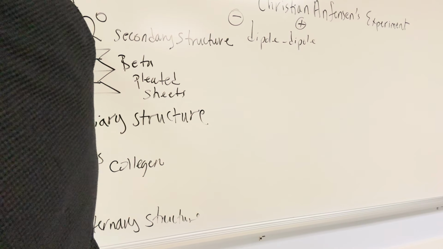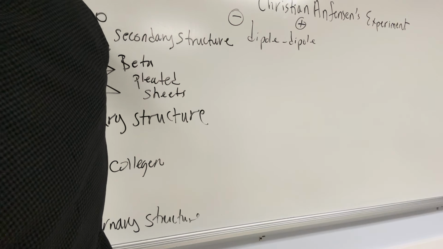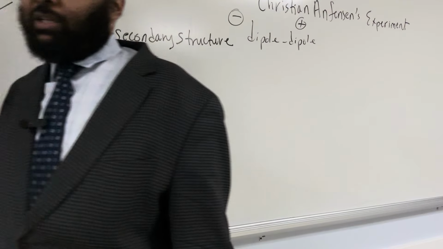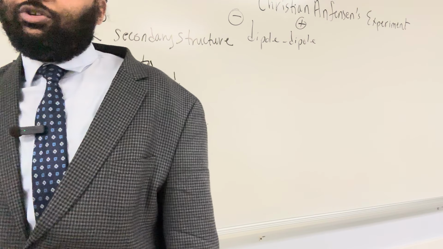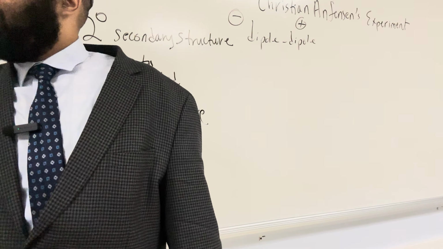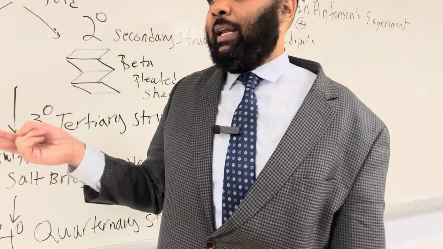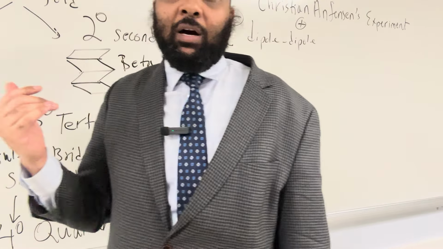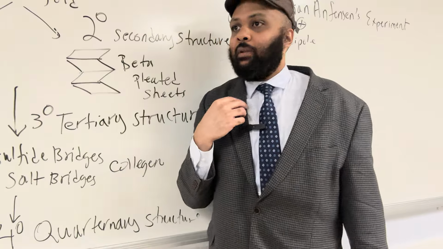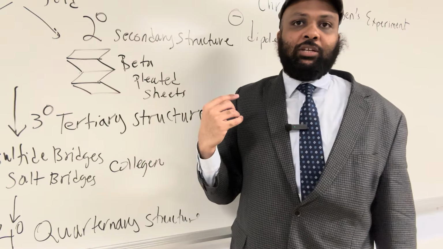You need to know this word, denature. That's a unique word for protein. We had a protein that used to be quaternary, now it rolls back, it becomes tertiary, it falls back, it becomes secondary, it falls back, it becomes primary. Are we clear? So heat is going to cause denaturation.